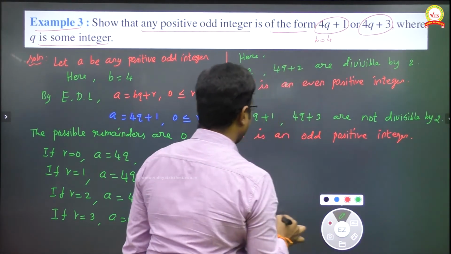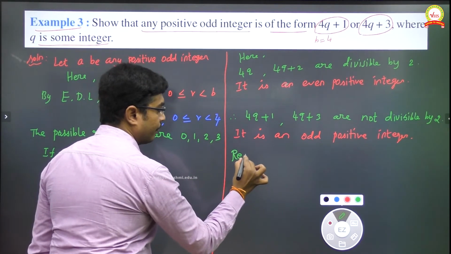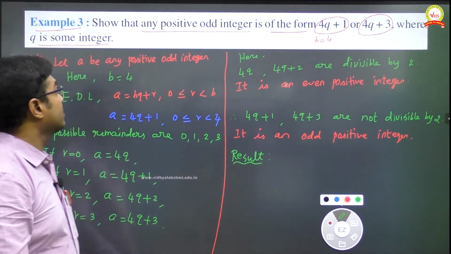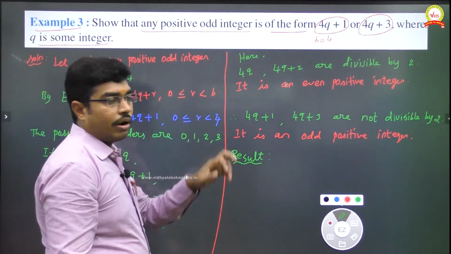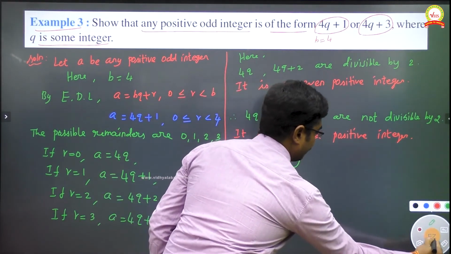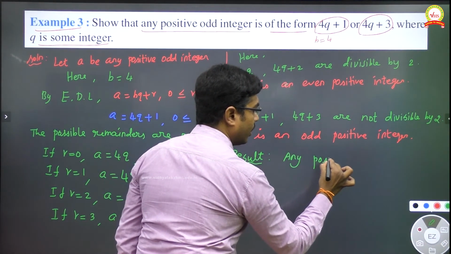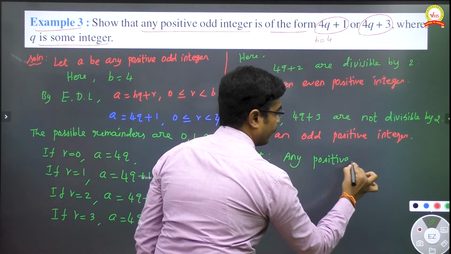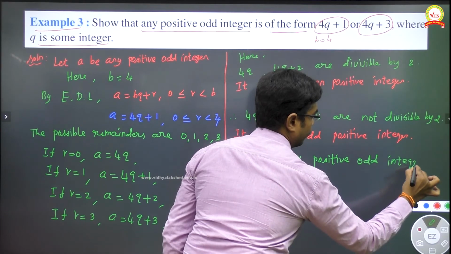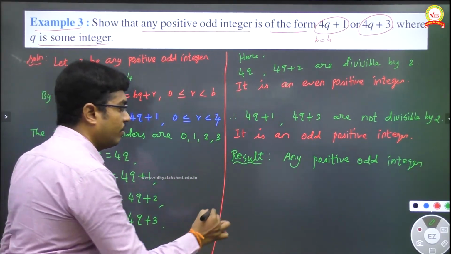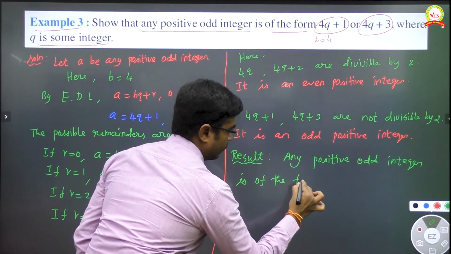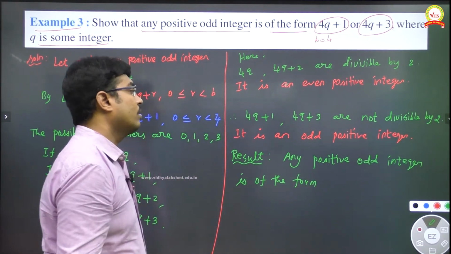Okay. So, final result, see, any positive odd integer is of the form, so what is the answer?